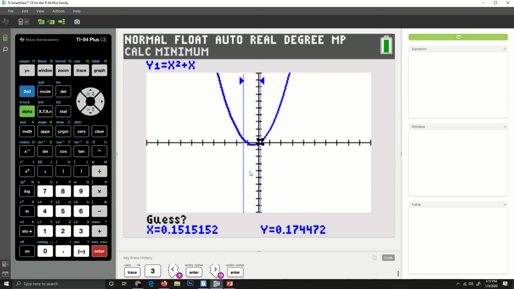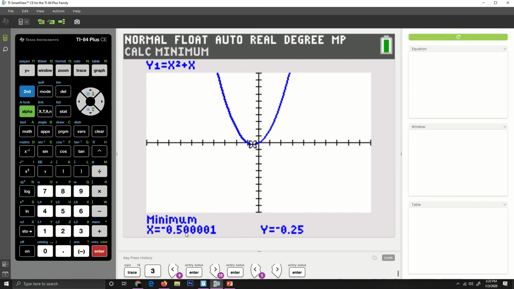What we've done here is set up an arbitrary interval in which the graphing calculator is going to look for the relative minimum between these two points. So I want to put my spider guy right close to where I think it is. I'm going to hit enter, and here we have a little bit of an issue.